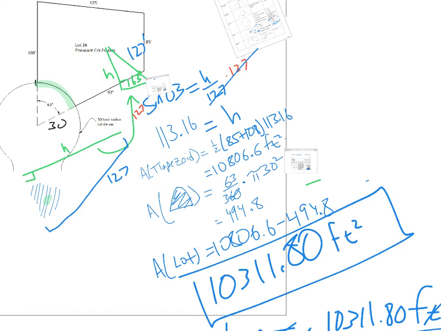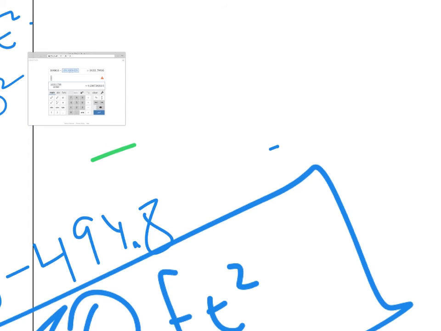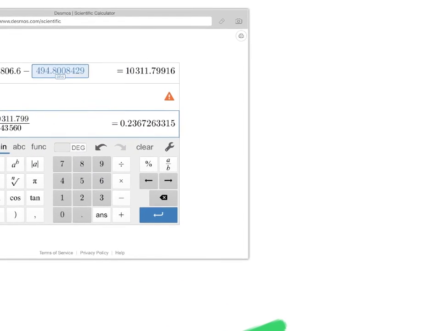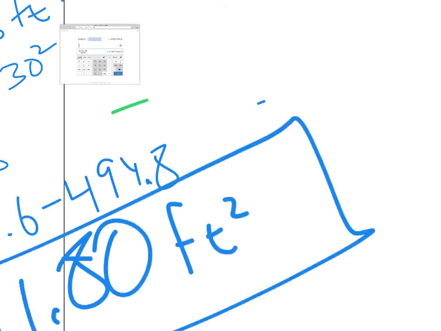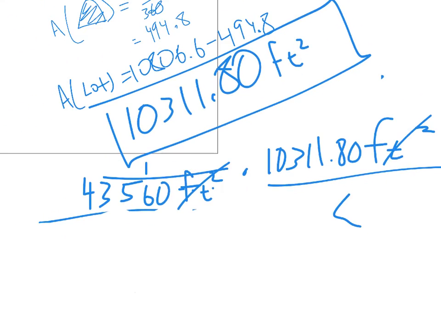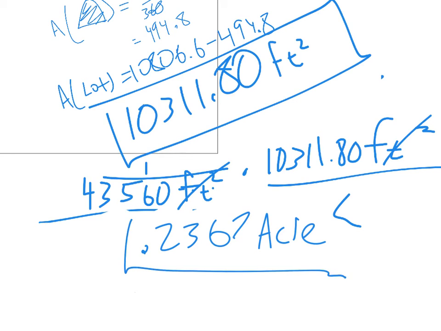So that would be how many acres we have there, right? Actually, so 0.2367 acres, not square feet. That's in acres. All right, great.